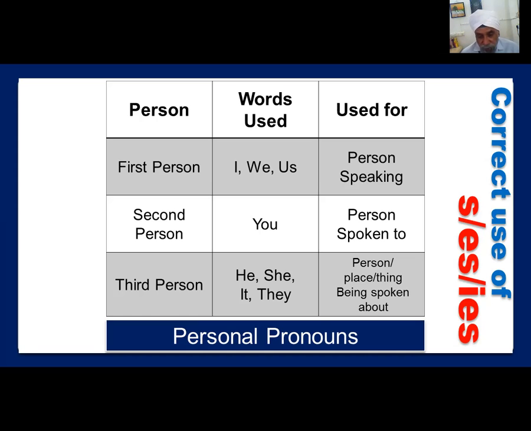The word we use for second person is you, and second person is used for the person spoken to. Third person, the words we use are he, she, it, and they. And third person is the person, place, or thing being spoken about. That is what we are talking about. So we have personal pronoun: first person, second person, third person.